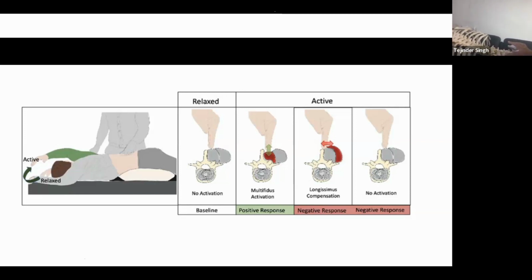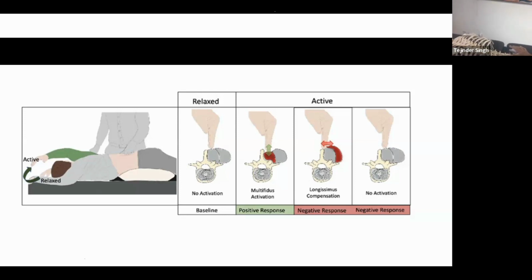The patient's arm is flexed to 120, elbow flexed to 90, and they're lifting only 5 centimeters. You should feel a strong activation here. If you don't feel activation and they're compensating with longissimus, your fingers are just moved towards the spine because of the contraction of the longissimus. You can see my fingers moving towards the spine, and that's the test. It's a very simple test.